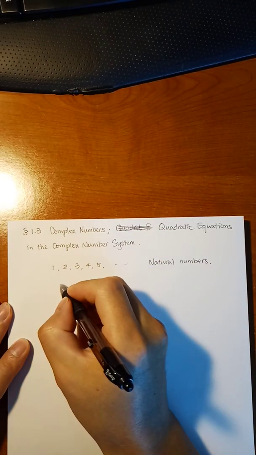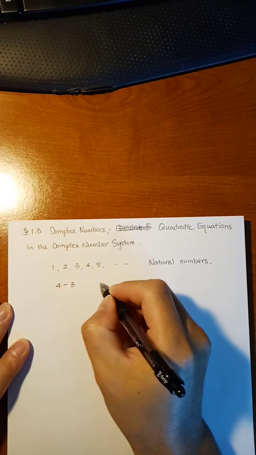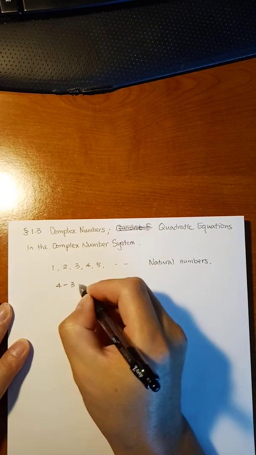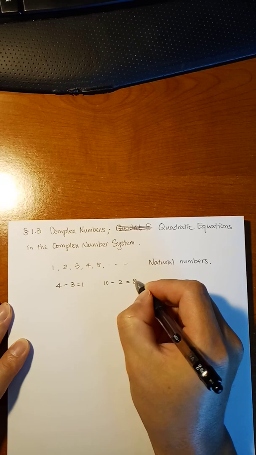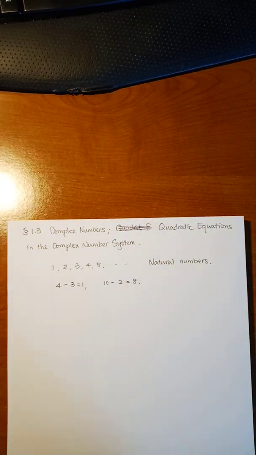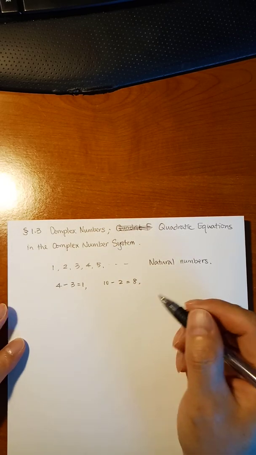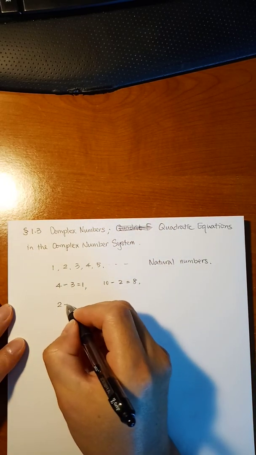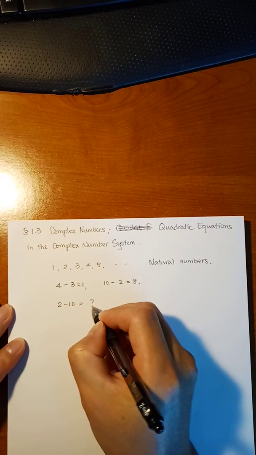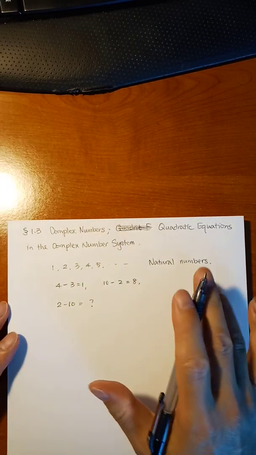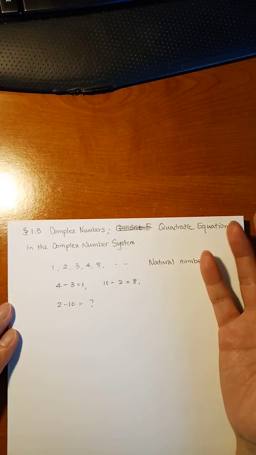Then we know what is 4 minus 3 and what is 10 minus 2. We can do subtraction, but it's not always successful, right? Sometimes if we have 2 minus 10, then in this system we have no idea how to do it. We have no answer.